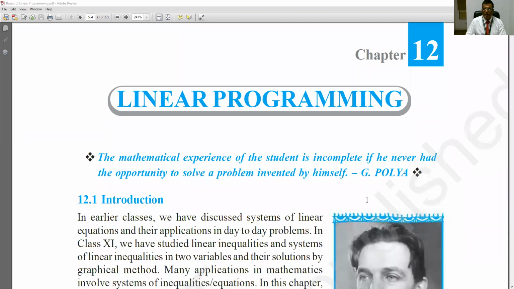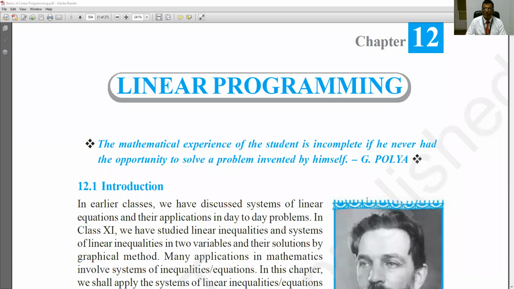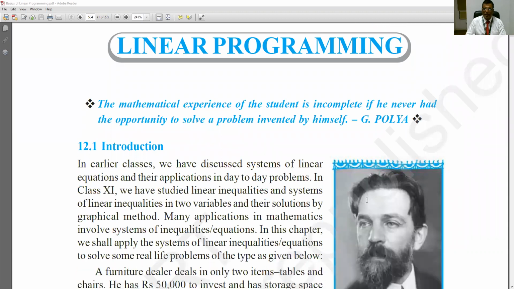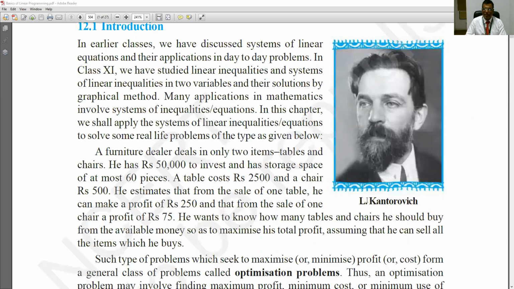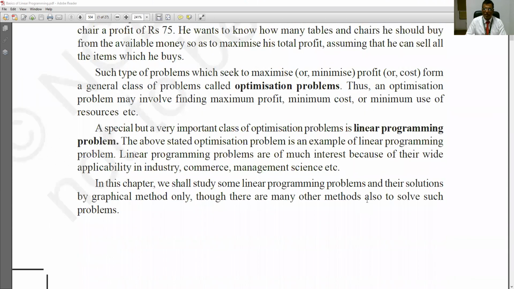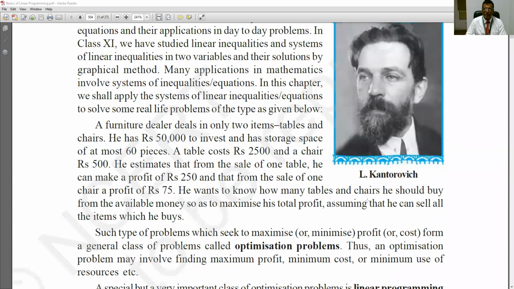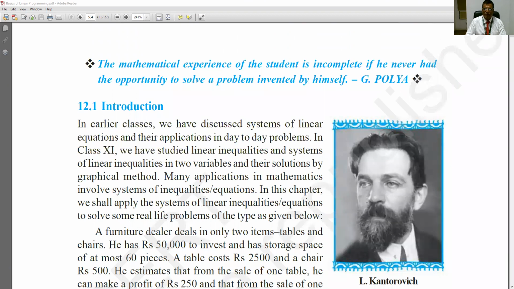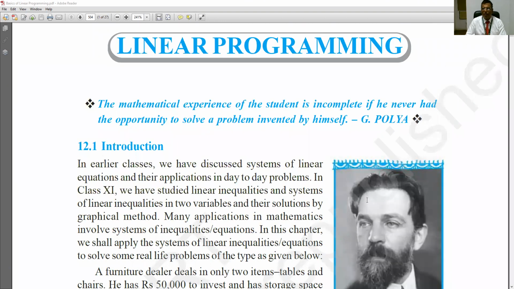this is the chapter of NCERT, and the purpose of sharing this is to just show the highlights of linear programming.